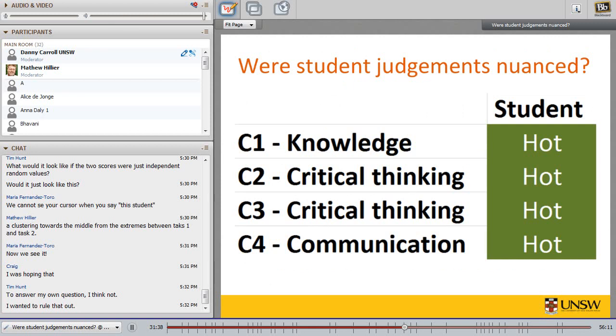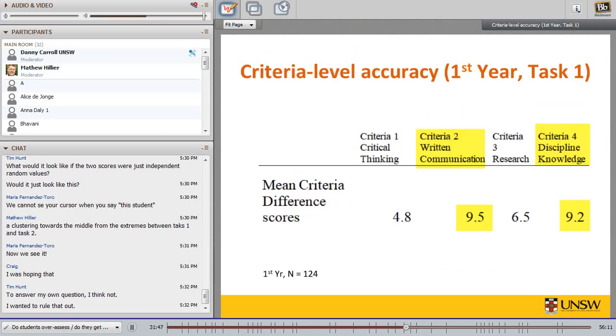What I was kind of expecting was that students, especially the overestimators, would say that they were really, really strong on every individual criteria. That actually didn't happen. Students were relatively nuanced. Again, these are mean scores, but it reflects what a very large number of students did.